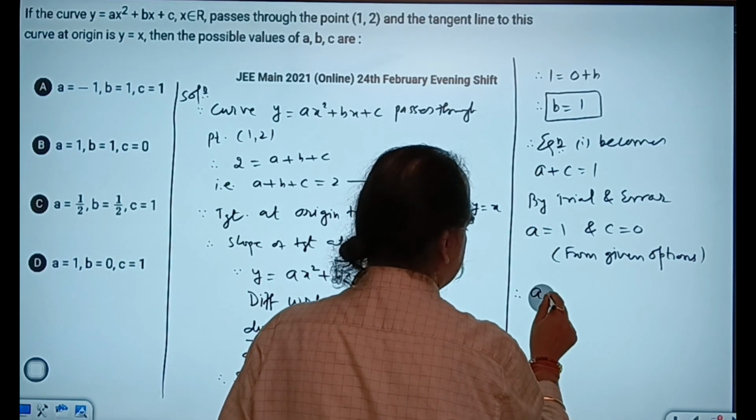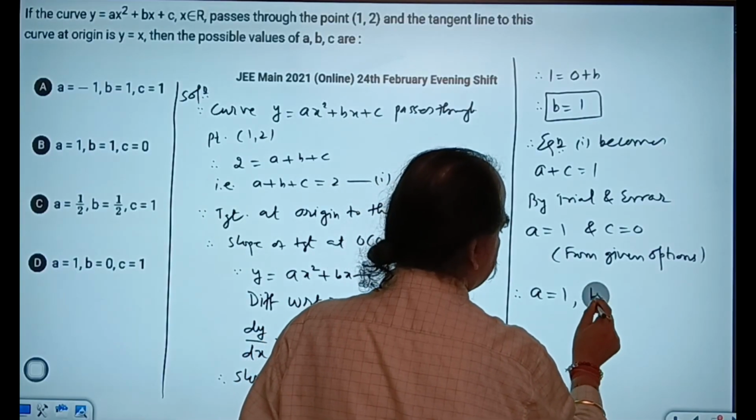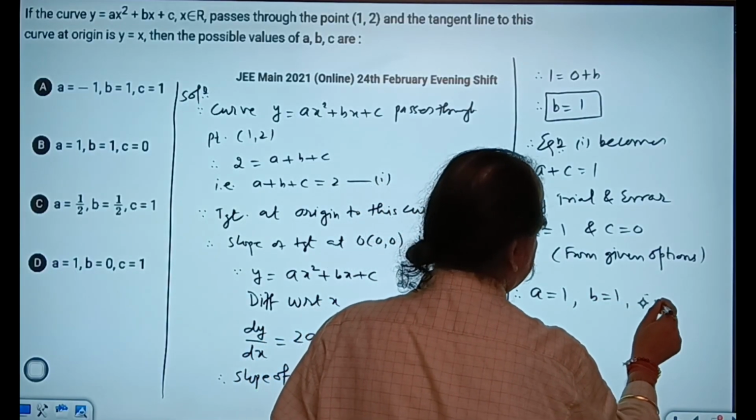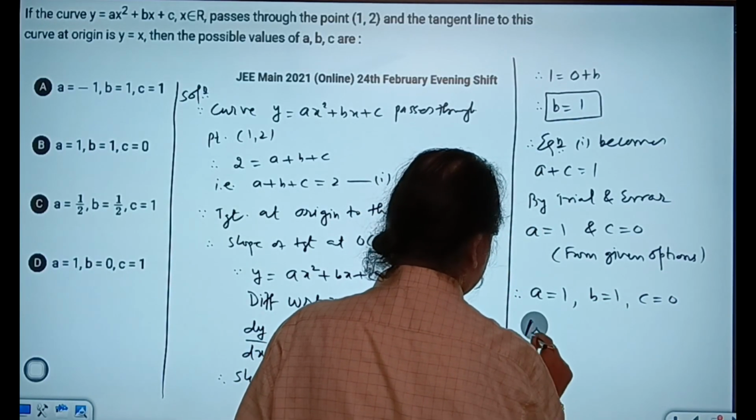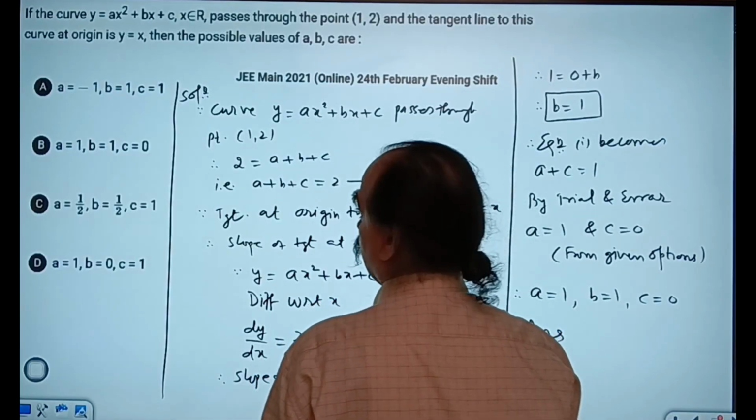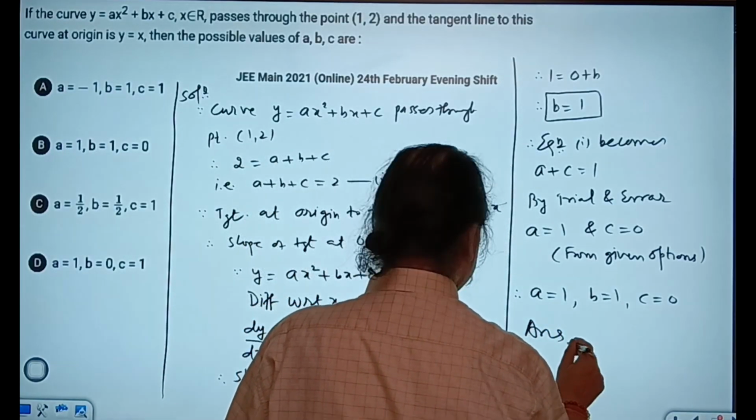Therefore, a is 1, b is 1, c is 0. Answer is what? B.